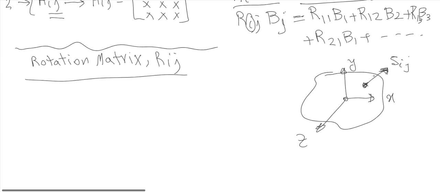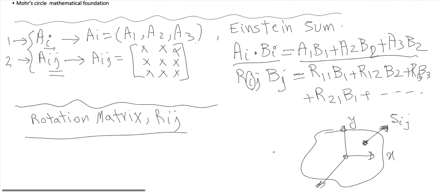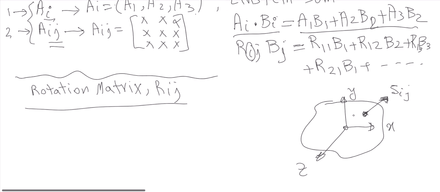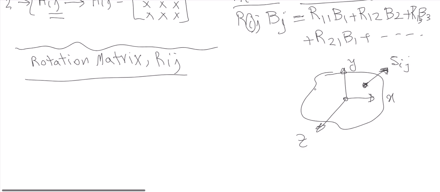It has components, as I mentioned, 9 components, as I said here, and then vector, which is the component of this tensor on a defined surface, has 3 components. These components will change if I come here and change my coordinate system.